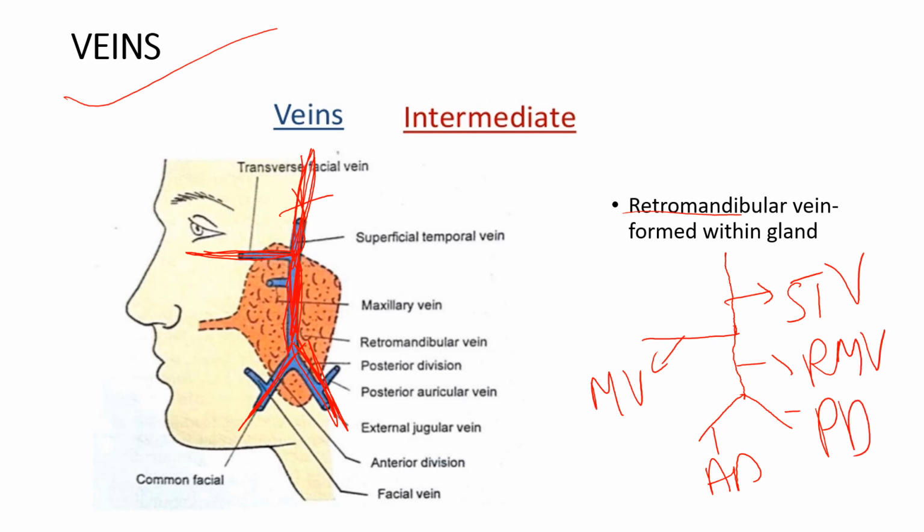That is about the formation of the retromandibular vein, the intermediate component of the parotid gland. Several times they have asked the formation of retromandibular vein for a 5 mark and a 3 mark, so you will have to draw this diagram for that question.